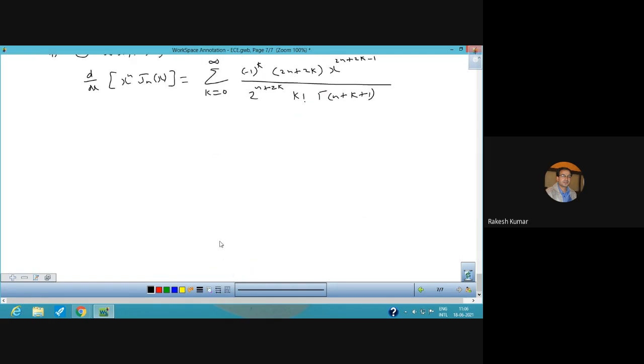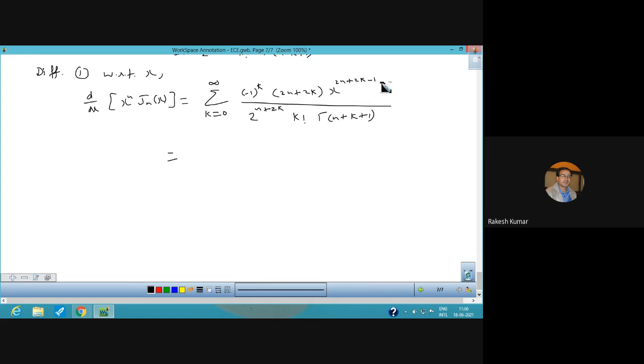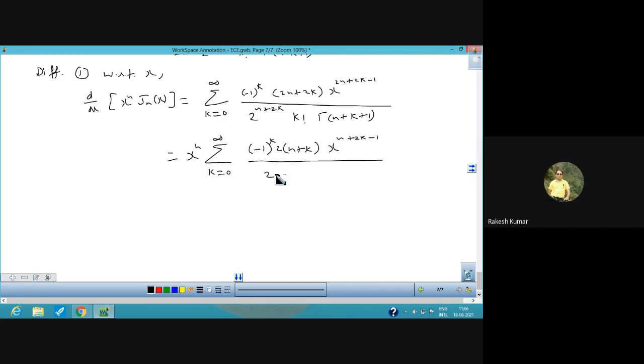So you can take x^n common and you will have x^n, summation k varying from 0 to infinity, (-1)^k. 2 can be taken common even in this term, so you will have 2 times (n plus k), and this will be x^(n+2k-1) since x^n has been taken out, and in the denominator we have 2^(n+2k).